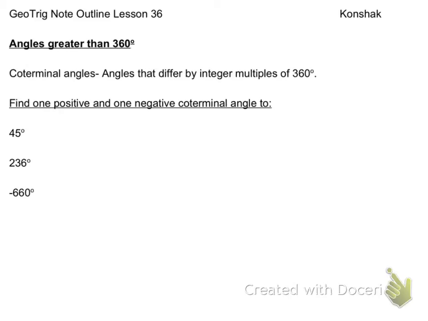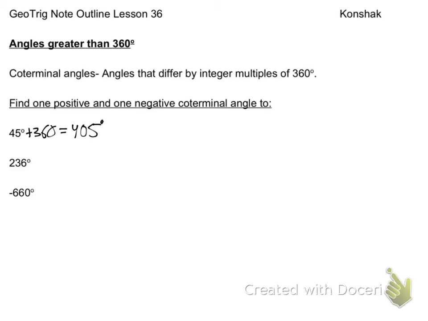If I'm already positive, to stay positive, I will add positive. So if I take 45 and I just add 360 to it, I end up where? What's 45 plus 360? It's 405. 405 degrees is a coterminal angle, and it's a positive coterminal angle.